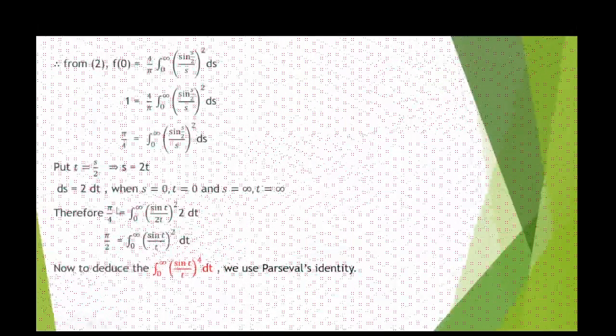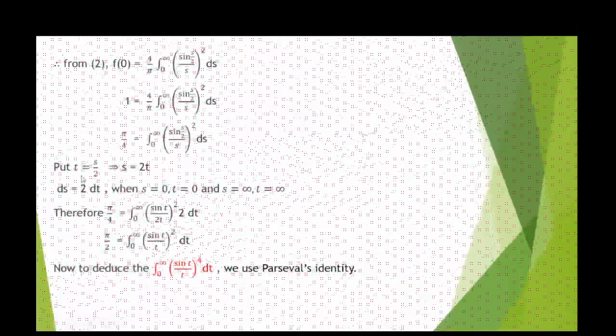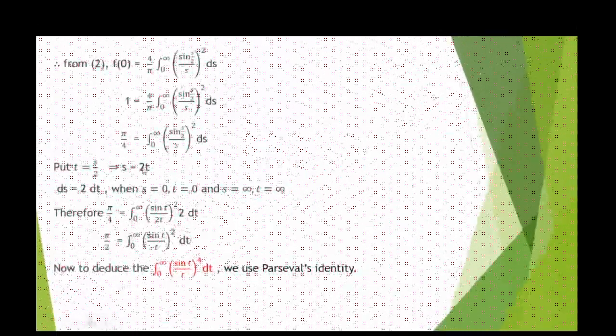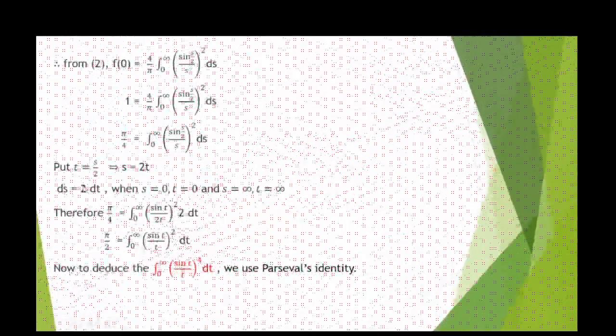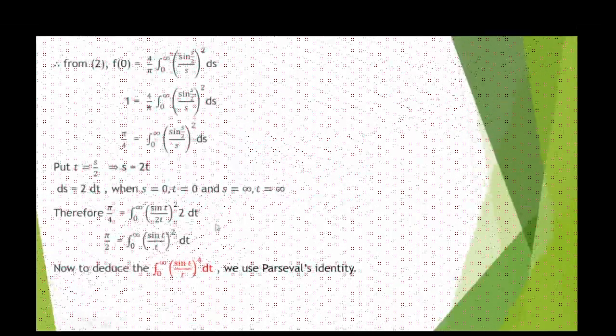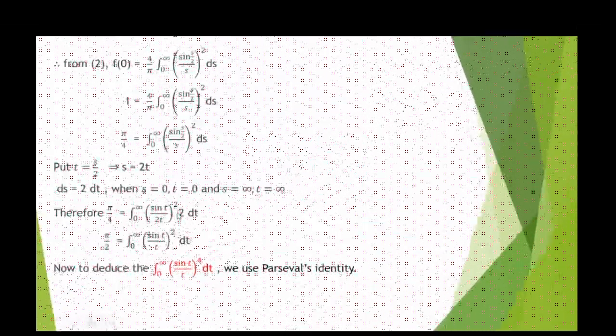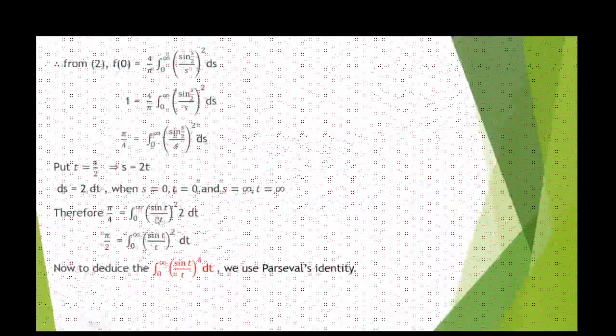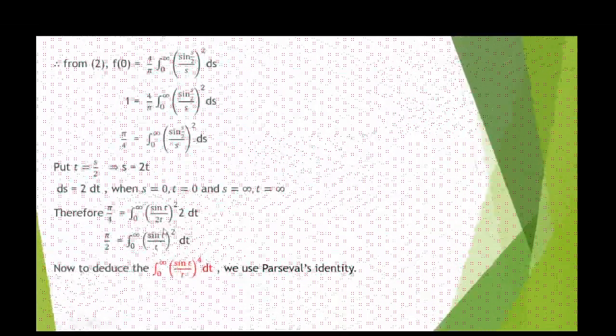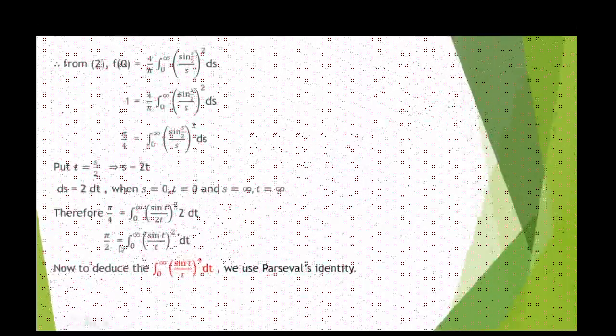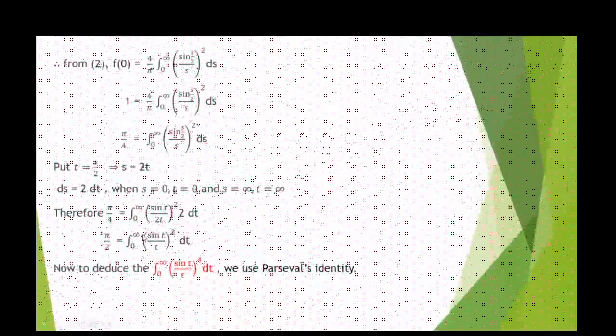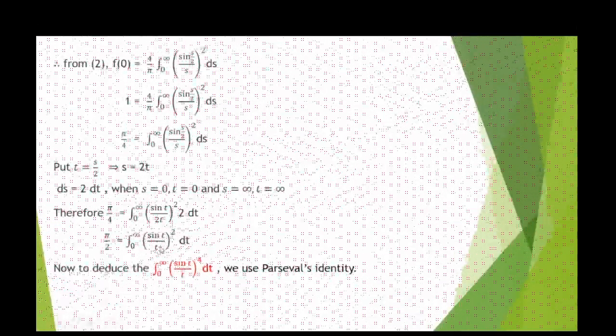Therefore pi by 4 is equal to integral 0 to infinity (sin t divided by 2t) the whole square, and this ds is replaced by 2 dt. 2 and 2 will be cancelled, and 2t square means 4t square. So what do you get? Pi by 2 is equal to integral 0 to infinity (sin t by t) the square dt.